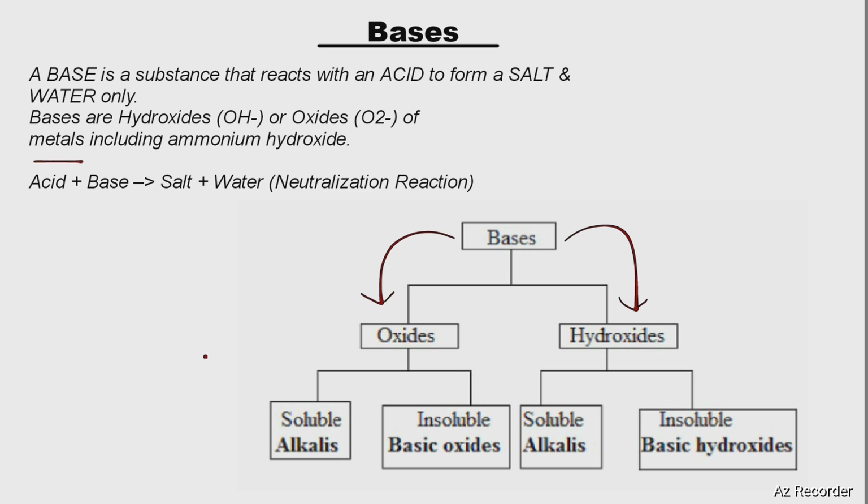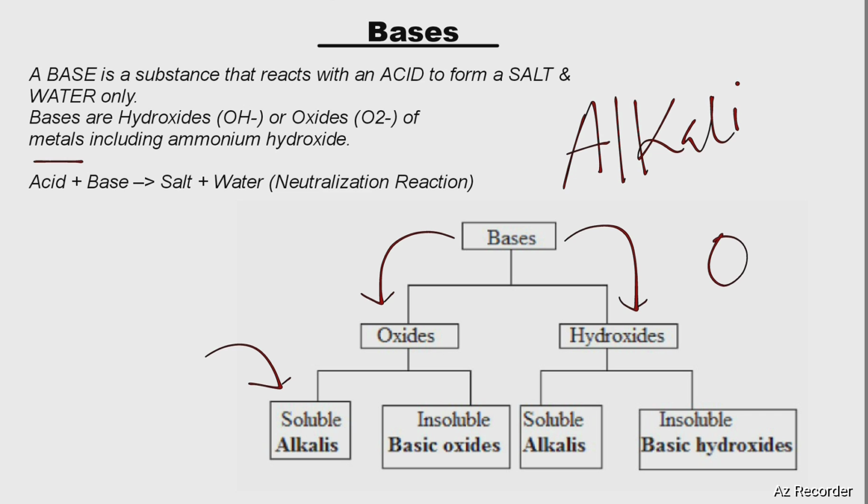The ones which are soluble, we call them alkalis. When a base is soluble, it's called an alkali. Most alkalis have the hydroxide group, so it's very easy to identify an alkali.